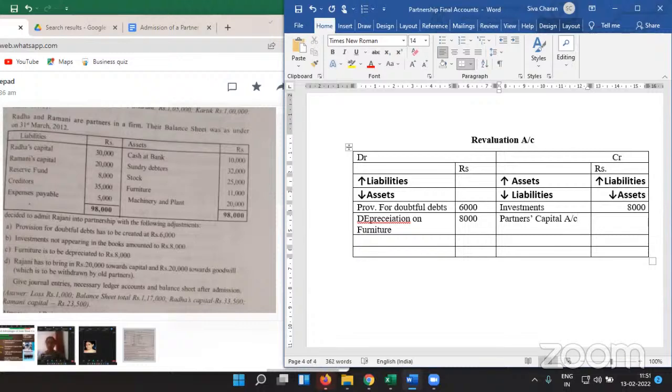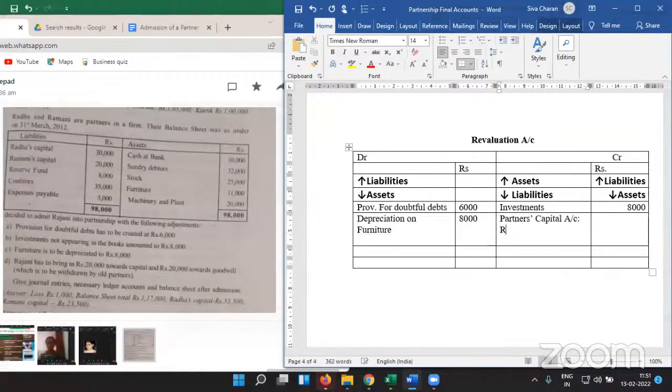And who are the partners we have? Two old partners are there, Radha and Ramani. So Radha's capital. What is the difference amount? 6,000.